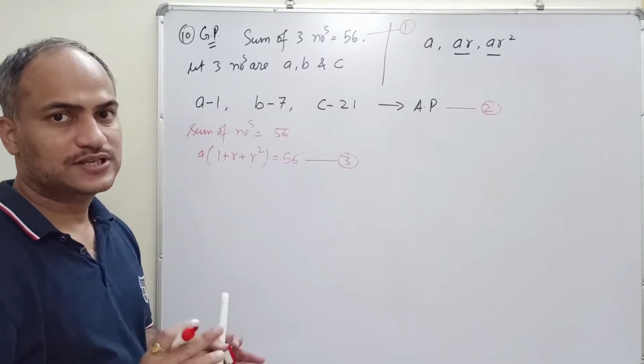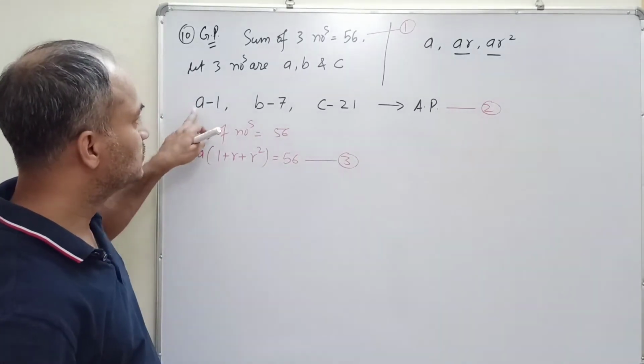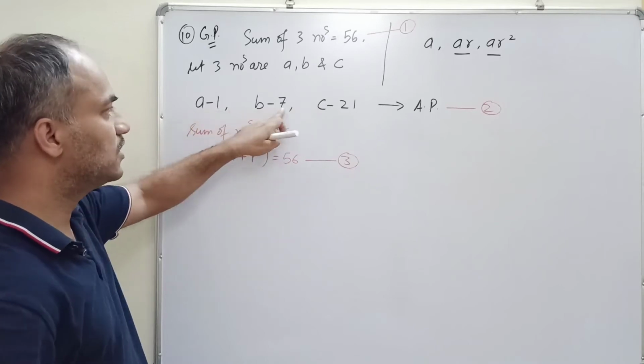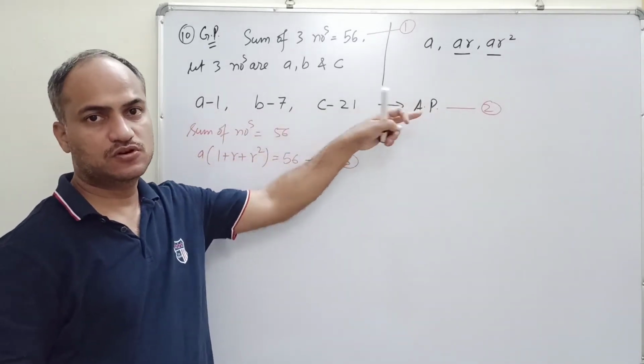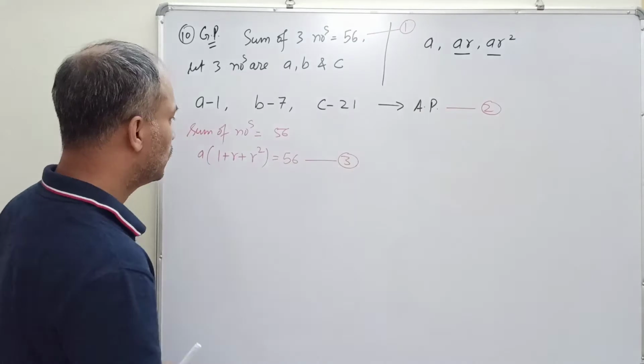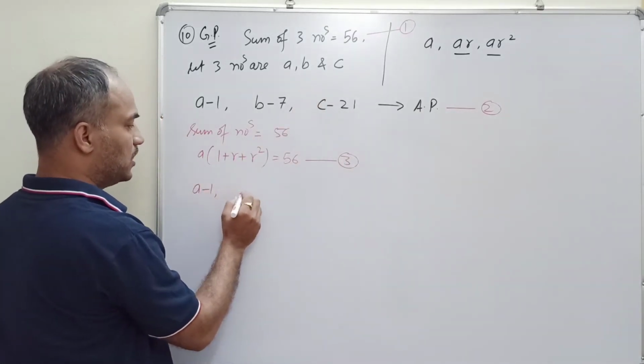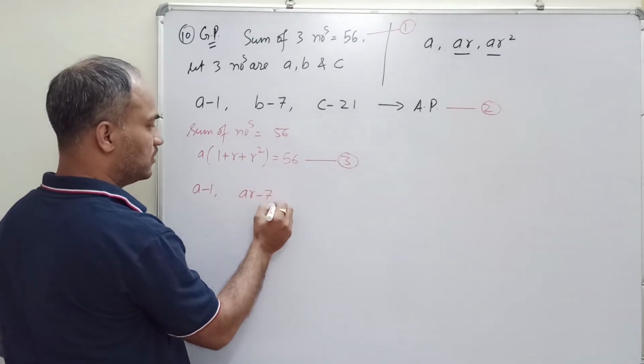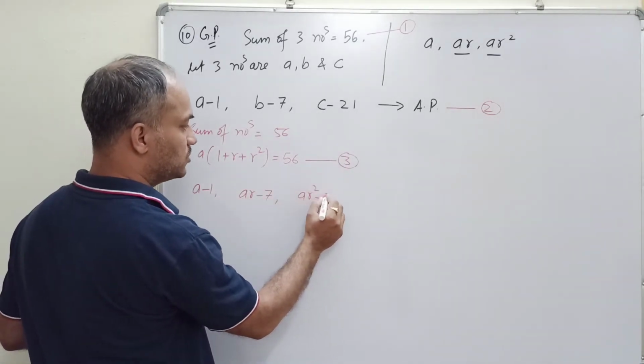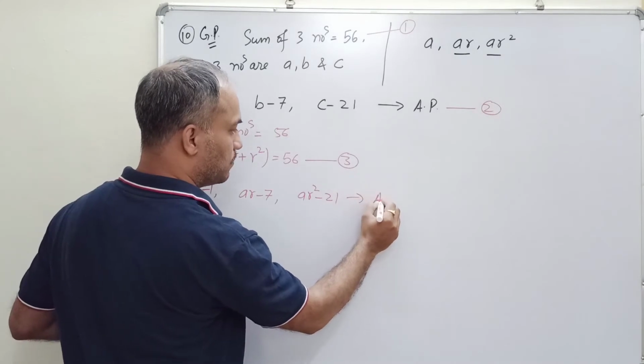Now the second condition says that when we subtract 1, 7 and 21, these terms become an AP. So let us put that condition. A minus 1, AR minus 7 and AR square minus 21 are in AP.